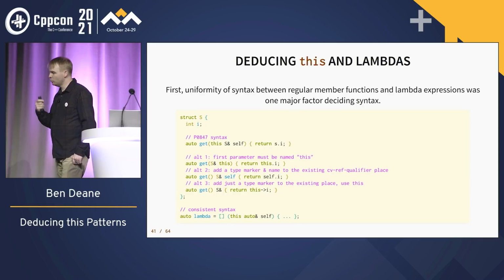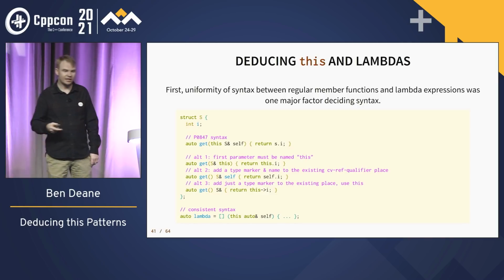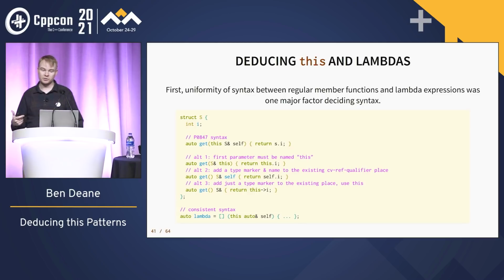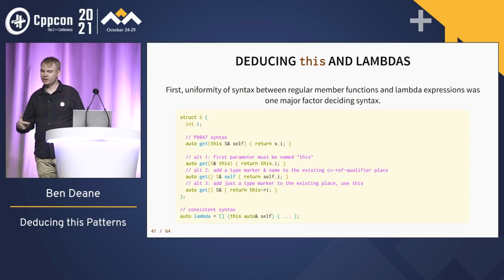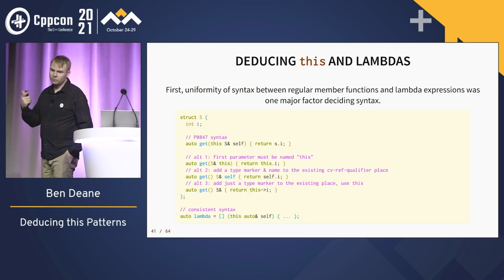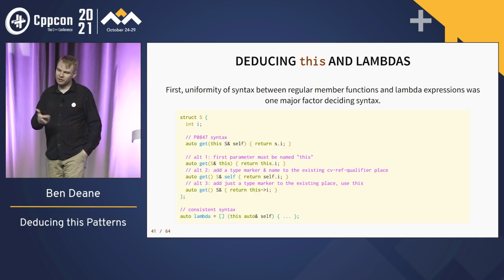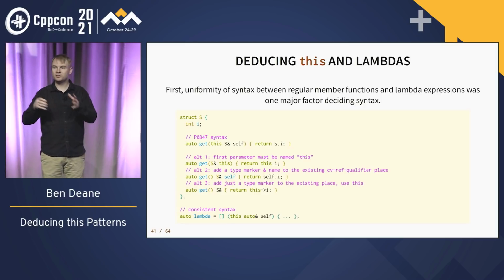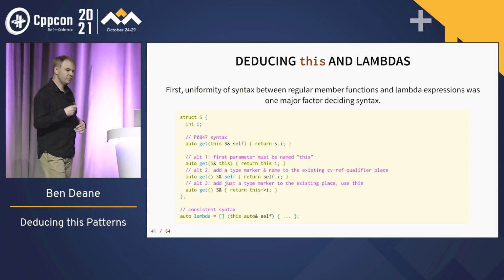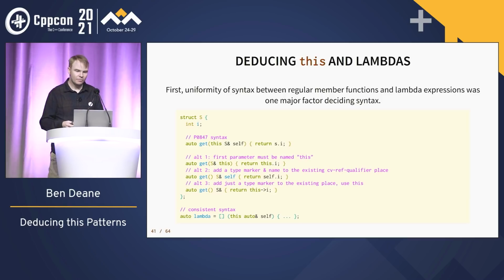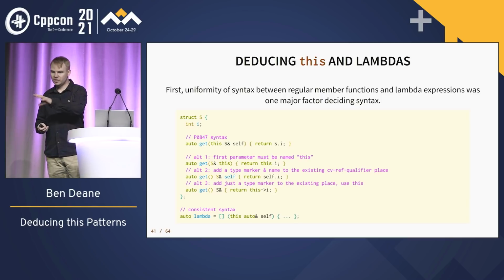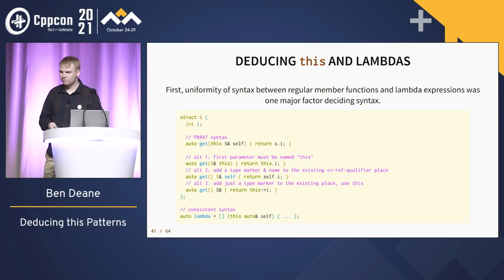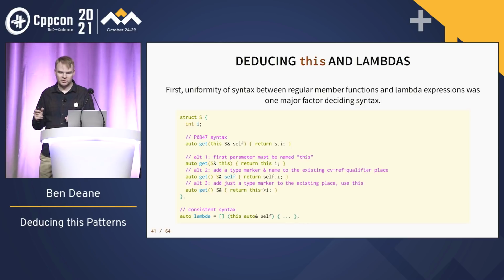One thing to point out here is that uniformity of syntax between regular member functions and lambda expressions was a major factor that decided on this syntax. One of the most common questions we got in email from people who had read the proposal was, did you consider this syntax, or did you consider this other syntax? And the answer is yes, we did. We considered, in particular, these 3 syntaxes here that were front runners at one time or another. They all have various problems.